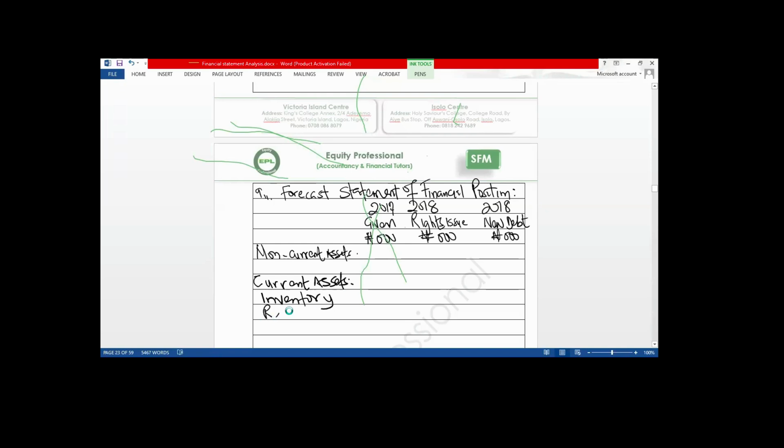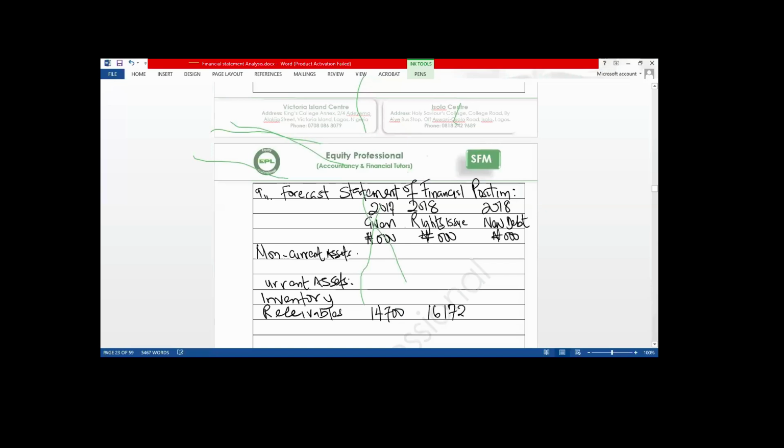Then we have receivables. For 2017, receivable figure was 14,700. For 2018, 16,172.